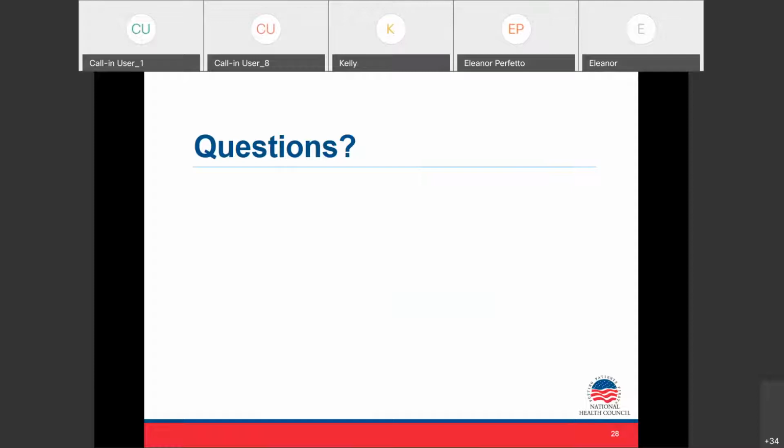For example, we are doing some work right now with the Parent Project for Muscular Dystrophy. They have their own registry. They are working with industry partners to link up their registry to other data sources.